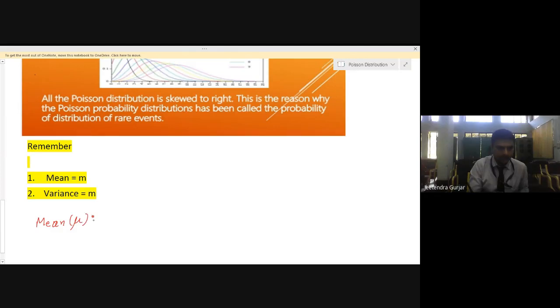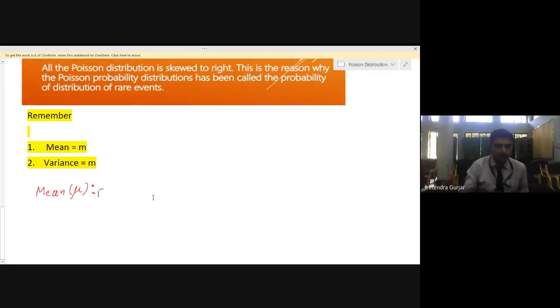Please remember this. Now see, you have already come across what the mean is equal to. A general formula for mean is equal to summation x p of x, where x will be from 0 to infinity.